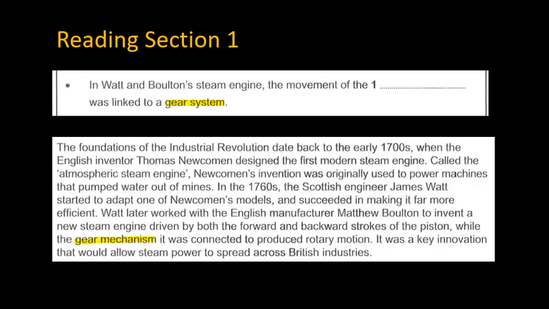So I would go into this paragraph, because this talks about James Watt and Matthew Boulton, so we must be in the right bit. There we have gear system in the question and gear mechanism in the passage. So I know that the answer must be near here.